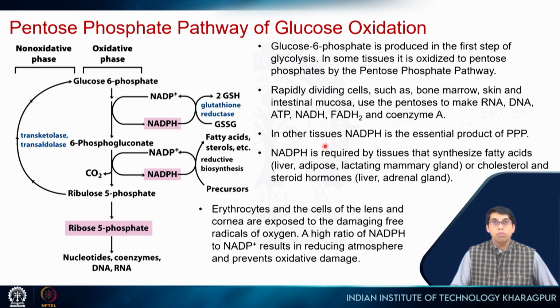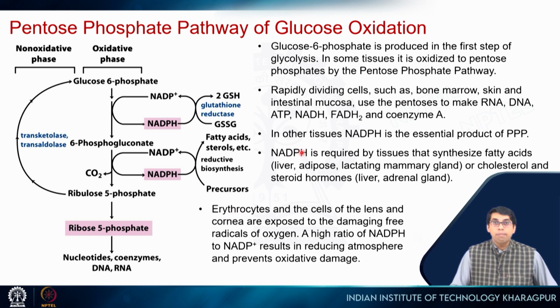Okay. So, we want to produce this NADPH and that is produced via this pathway. So, not only ribose 5-phosphate, but NADPH is also an important product of this pathway. NADPH is required by tissues that synthesize fatty acids, okay, or cholesterol and steroid hormones. So, for the synthesis of these molecules, you need NADPH.